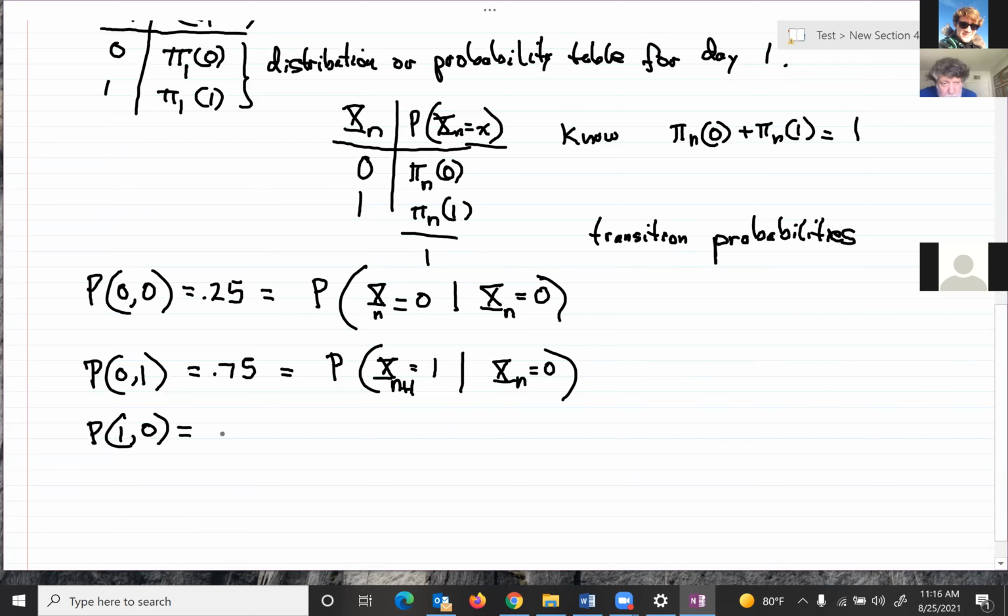So there's only a 10% of it breaking from 1 day to the next, which is good. And so that's the probability of your working today, but you're not going to be working tomorrow.